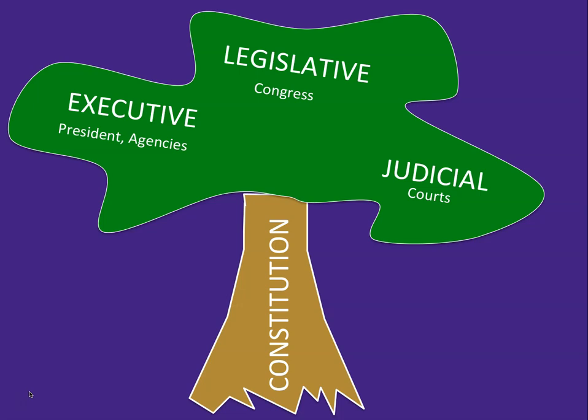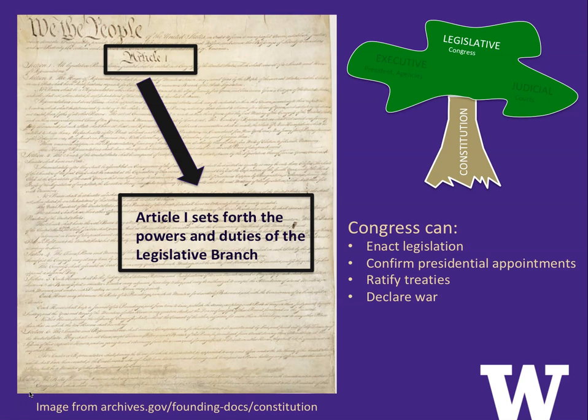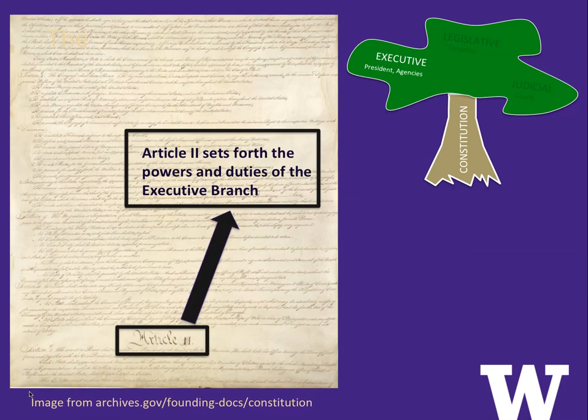Let's go ahead and review each article and the associated branch. Article 1 outlines the powers and duties of the legislative branch. Among other powers, the legislative branch can enact legislation, confirm presidential appointments, ratify treaties, and declare war. Article 2 creates the executive branch, which consists of the president, his or her advisors, and the executive departments and agencies.